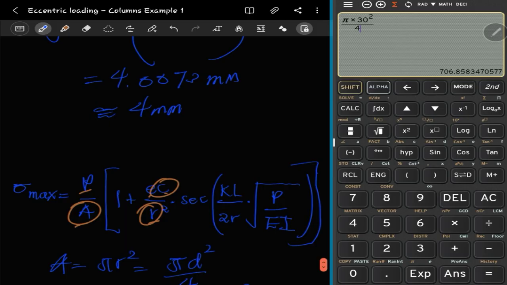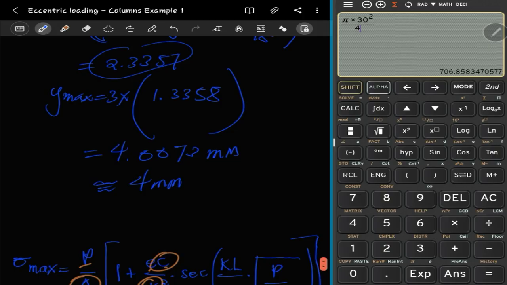The next thing we need is the C. We know the C to be the distance from the central axis to the outermost fiber.